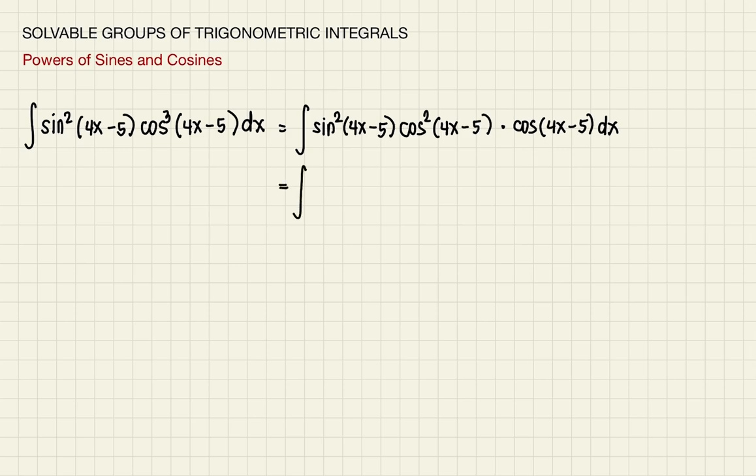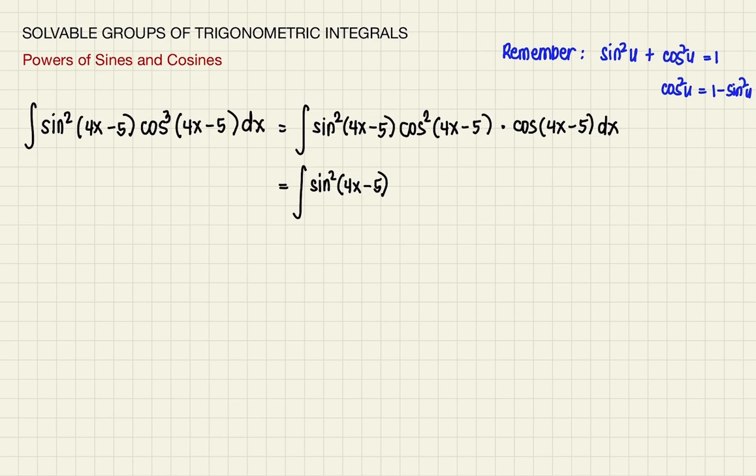So we can rewrite that as sine squared of 4x minus 5. And remember, sine squared u plus cosine squared u equals 1. So if we want to express cosine squared u in terms of sine, that's equal to 1 minus sine squared u.